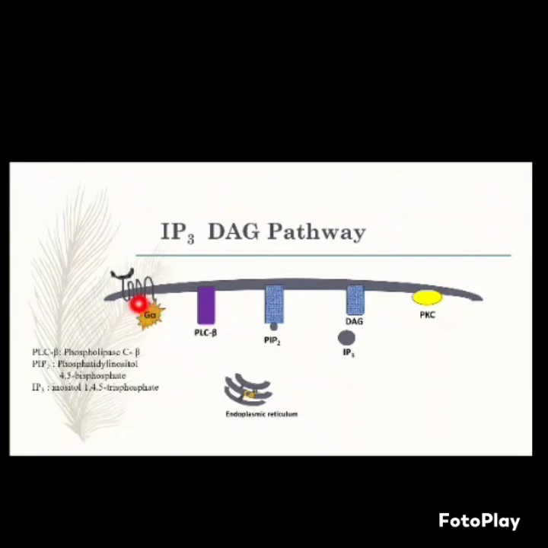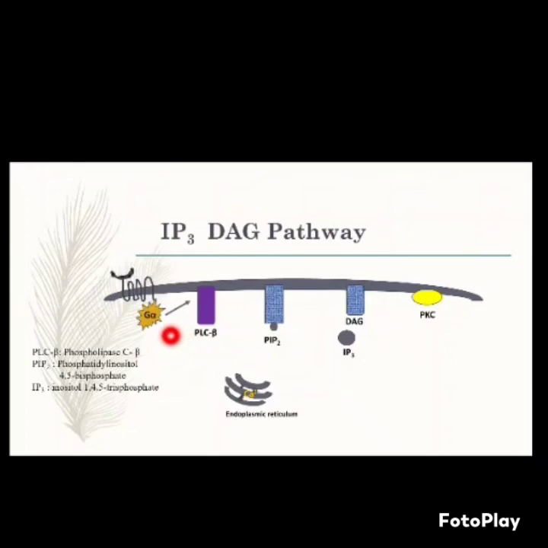One is our G alpha and one is our G beta and gamma combination. We have seen in our previous video that this G alpha activates adenylyl cyclase in the case of the cAMP pathway, but in this IP3 DAG pathway, this G alpha will activate our PLC beta, that is our phospholipase C beta.